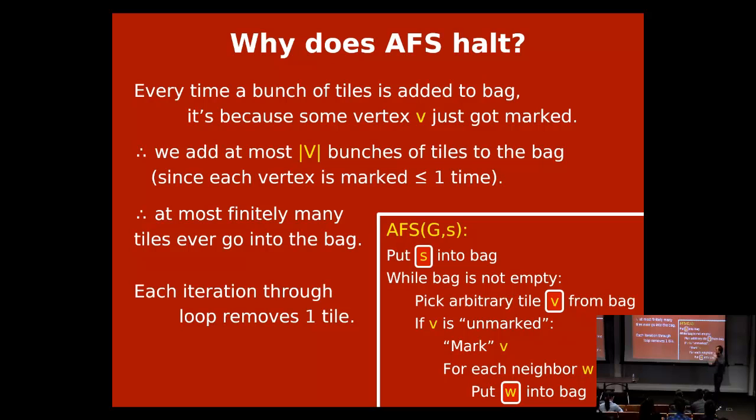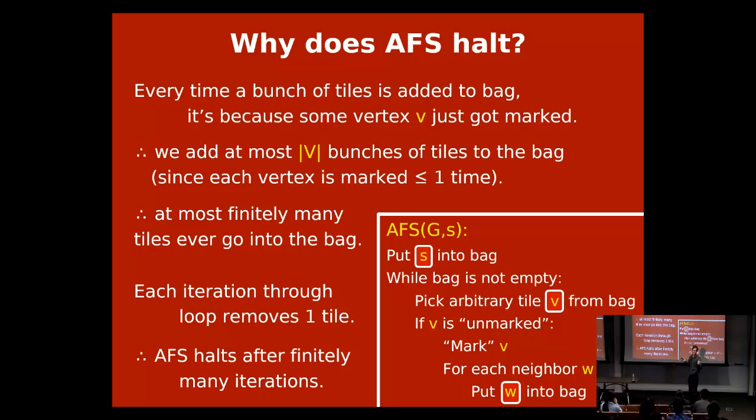So we have an absolute upper bound on the number of tiles that will ever go into the bag, and every step of the loop removes one. So it has to halt. It has to stop after finitely many steps. Any questions about that? It's not like it always goes down, but you know in advance that at most 1 million tiles can ever go in, so it's got to eventually halt after 1 million steps.